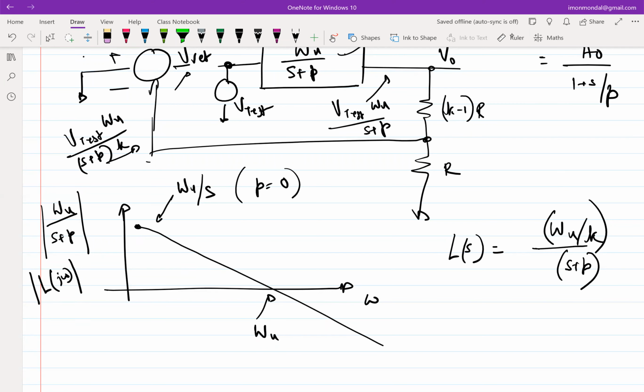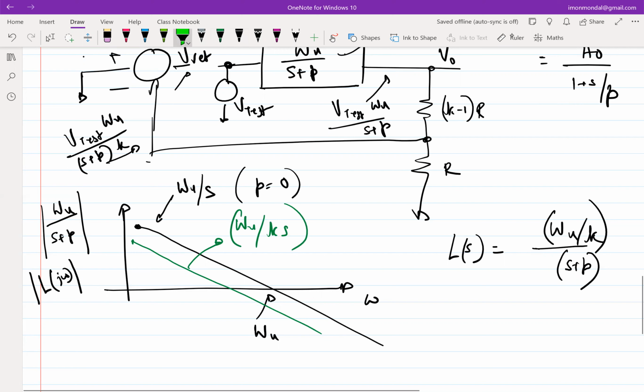So this is a different color. This is omega u over ks. Okay. So this is the scenario with the ideal integrator that we had been dealing with till now. But now I am saying I have a real integrator, which doesn't have infinite DC gain but some finite DC gain, which I have expressed in this form.